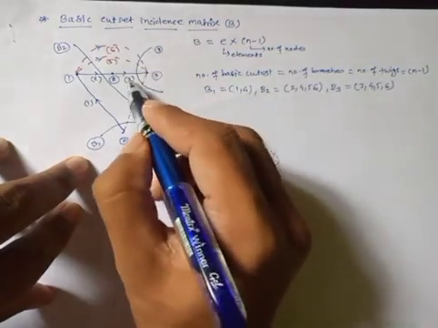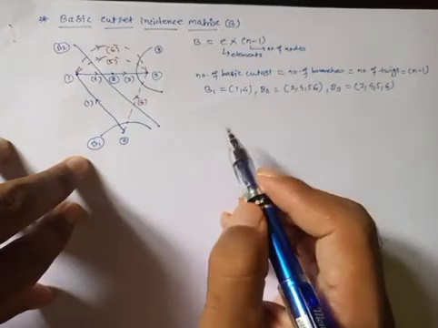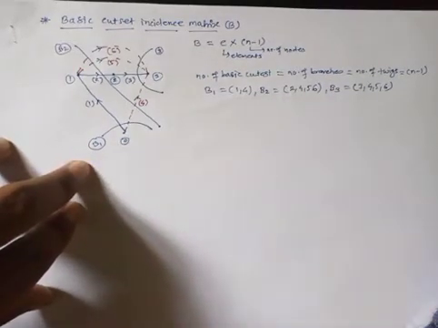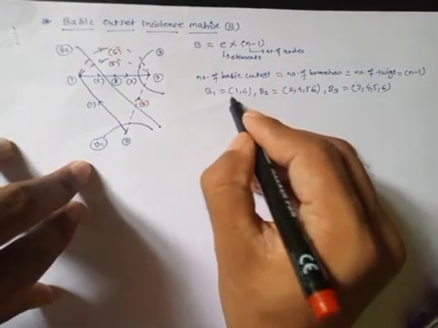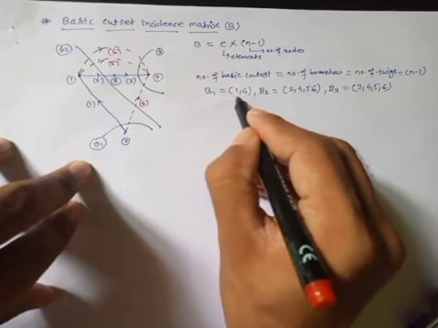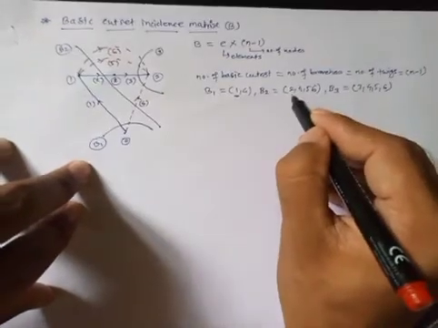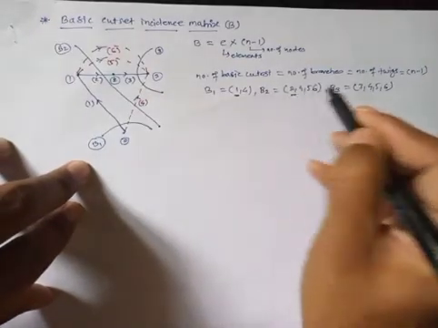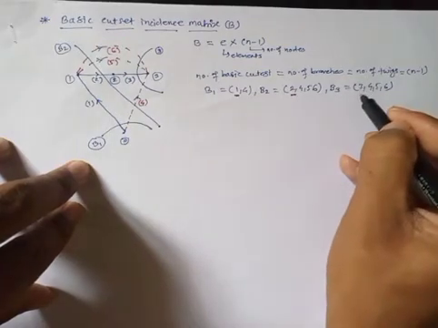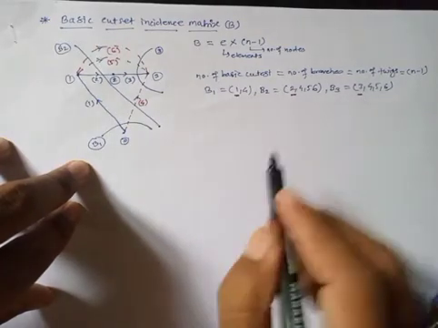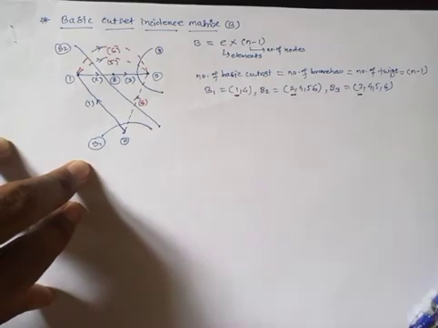Now in this basic cut set B1, element number 1 is acting as a branch. In B2, element 2 is acting as a branch, and in B3, element number 3 is acting as a branch.